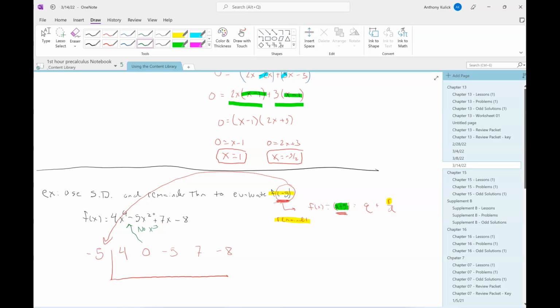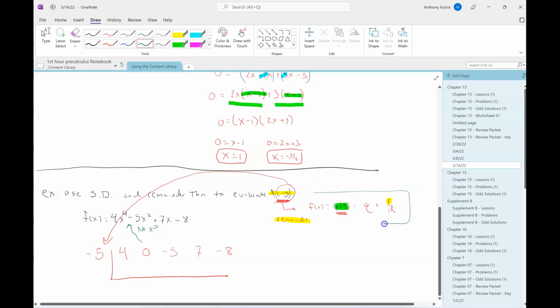Lily, so how did you find out that f(x) equals x plus 5? No, there's no g's. So this part was all part of the remainder theorem.